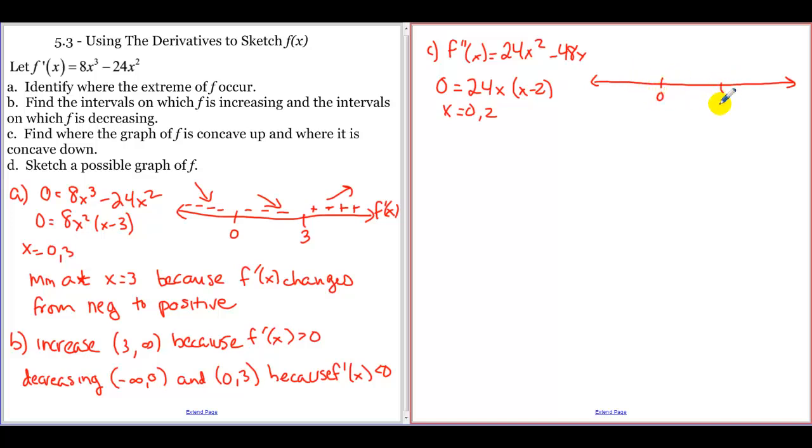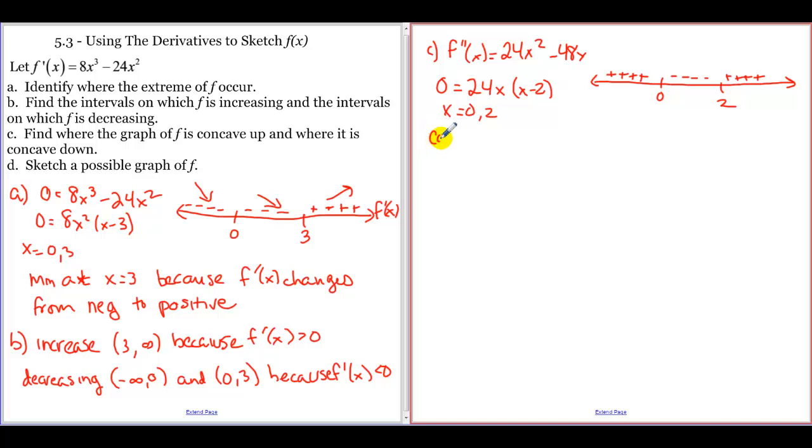So we have 0, we have 2. Again, for numbers less than 0, both of those terms are going to be negative, so therefore we're positive. From 0 to 2, the x term would be positive, but that x minus 2 is still going to be negative, so now we're negative. And from 2 and beyond, we are positive.